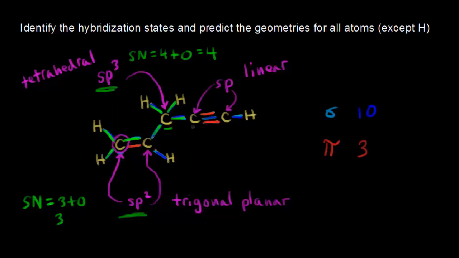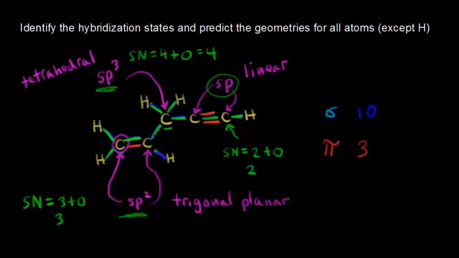And then finally, let's do it for this carbon right here. So using steric number, steric number is equal to number of sigma bonds plus number of lone pairs of electrons. So there are 2 sigma bonds around that carbon, 0 lone pairs of electrons, steric number of 2. Means I need 2 hybridized orbitals, and with sp hybridization, that's what you get. You get 2 sp hybridized orbitals like that.